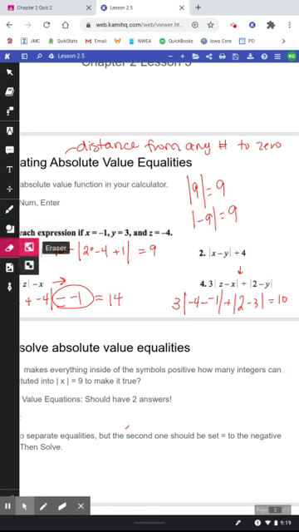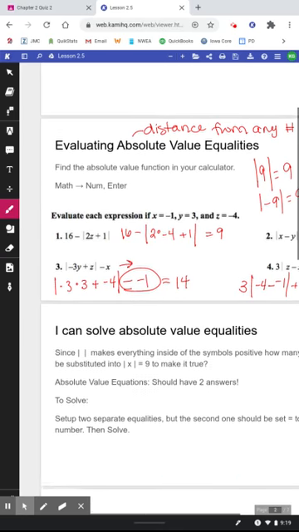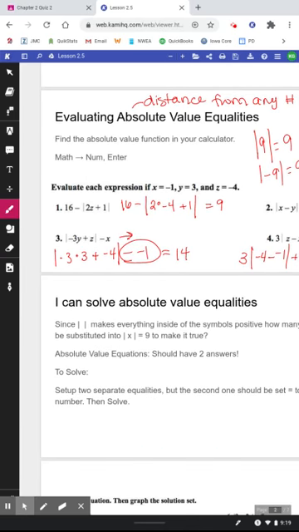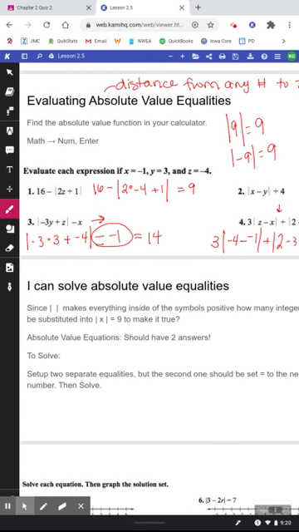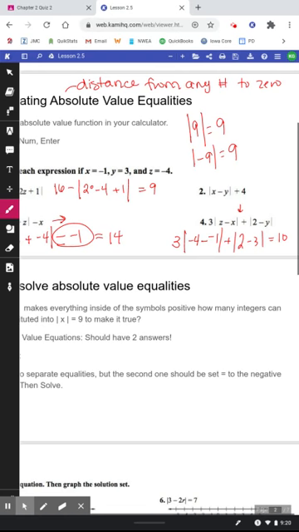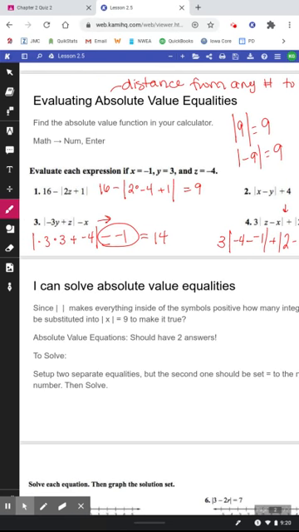So that's going to be the first part of your homework, substituting and evaluating. On the second part, we're not going to be given numbers to substitute. We're actually going to solve the absolute value equalities. Since the absolute value makes everything inside of the symbols positive, how many integers can be substituted in for the X if I want it to come out as positive 9?